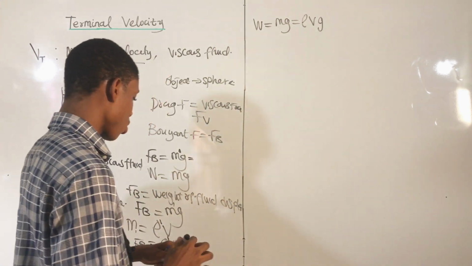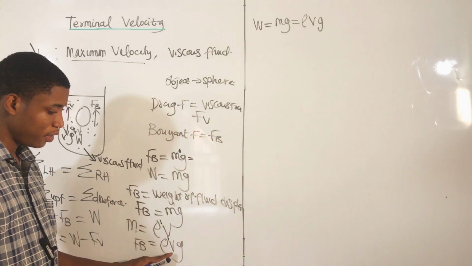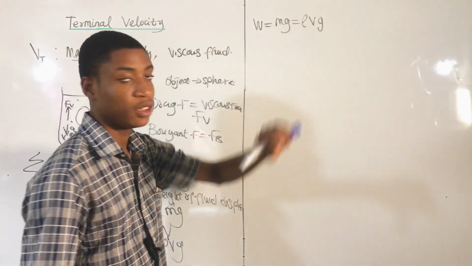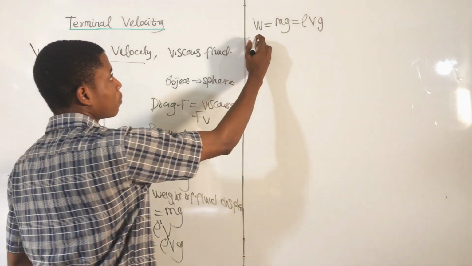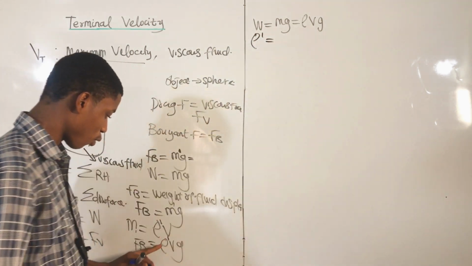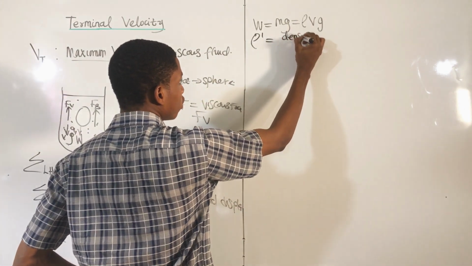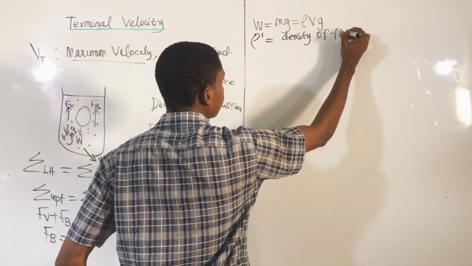Now you should know about some concepts. For the buoyant force we have rho prime V g. For the weight we have rho V g. Now you should know that the density prime, of course for the buoyant force, is the density of the fluid.